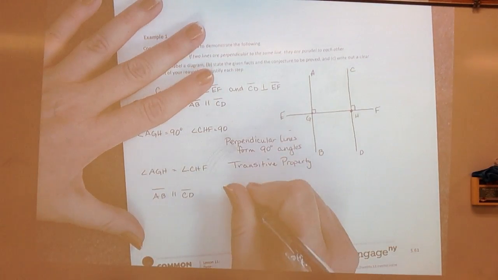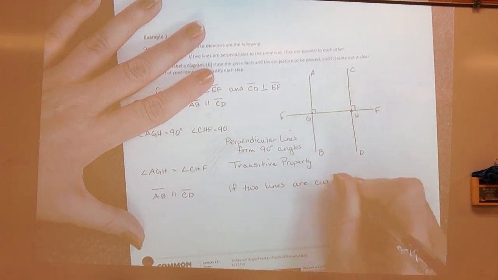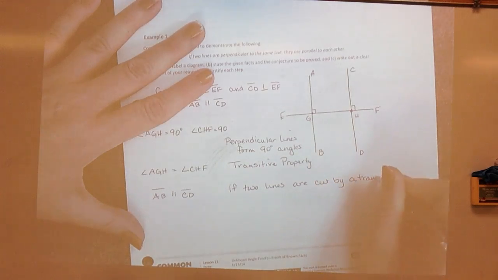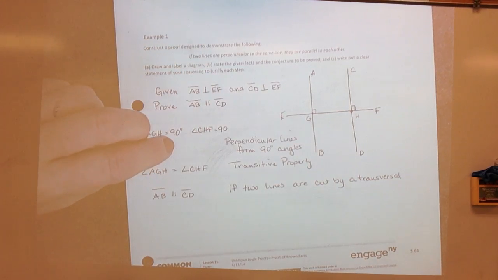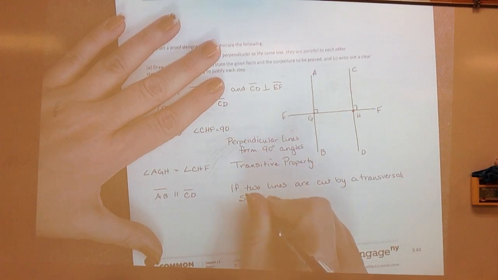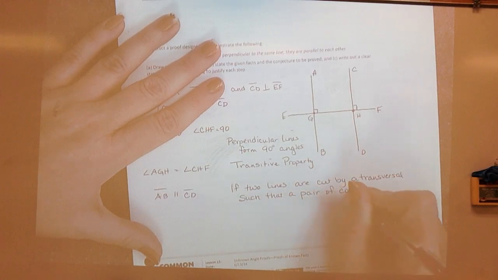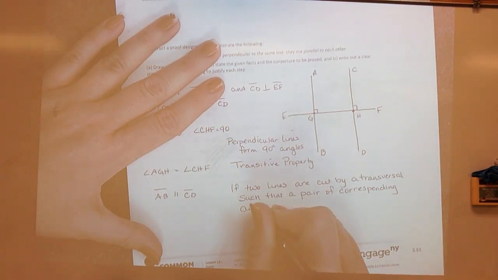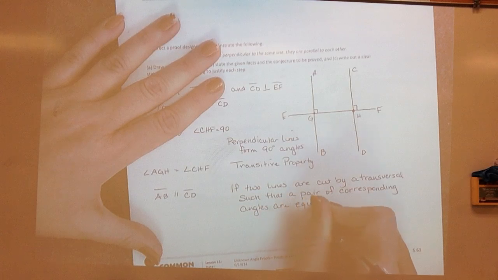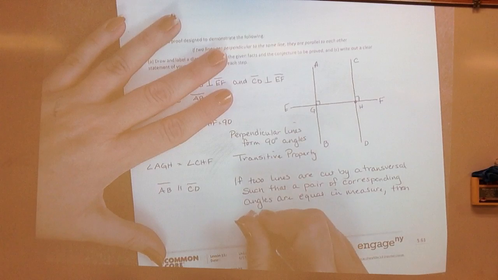If two lines are cut by a transversal such that a pair of corresponding angles are equal in measure, then the lines are parallel.